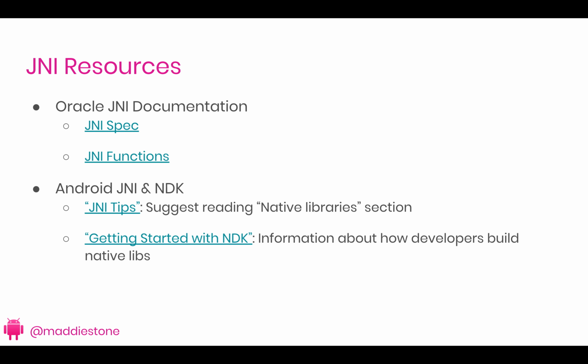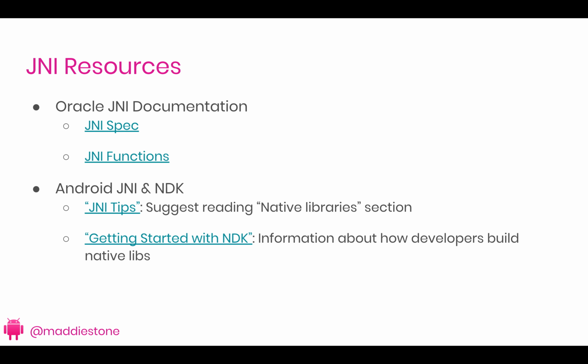First, the JNI spec from Oracle. I often have this open, reminding me about some of the different tips and information. JNI functions I'm always using because they're the APIs that are made available to your native code that allow it to interact with Java constructs, basically. And we'll get into that a little more for the second exercise of today.